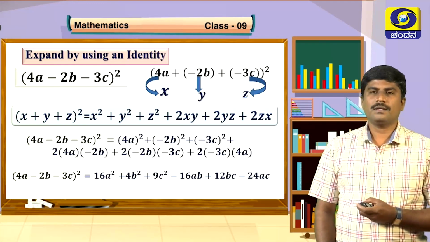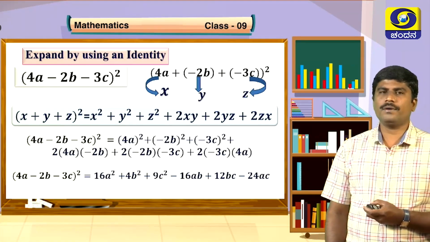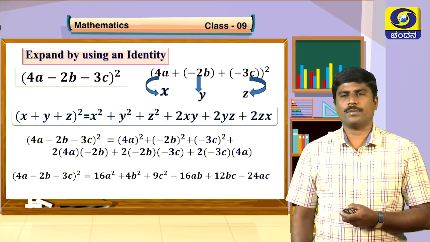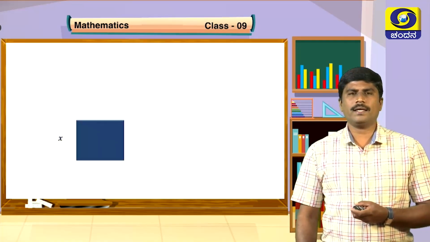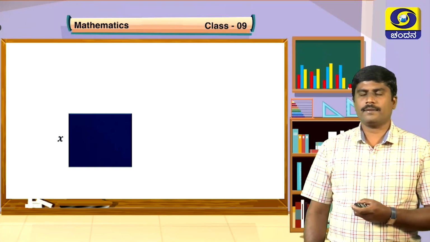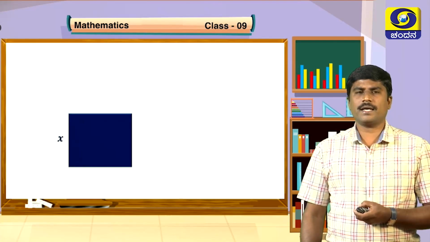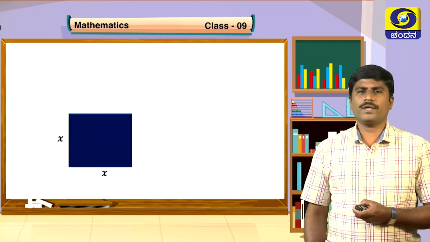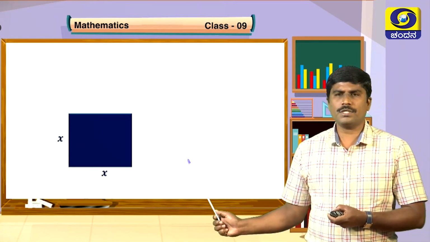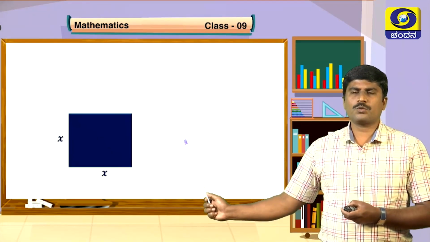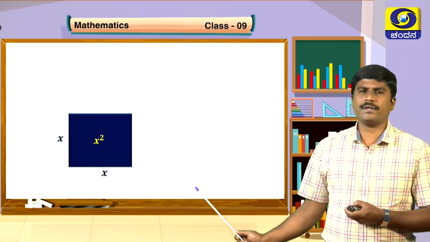Dear children, now you are able to understand how to expand by using a suitable identity and solve the problem. Let's move on to another important algebraic identity. After knowing this, let us understand in this way, so we can visualize by using geometrical concepts. Here is a square with sides x, so the area is x square.